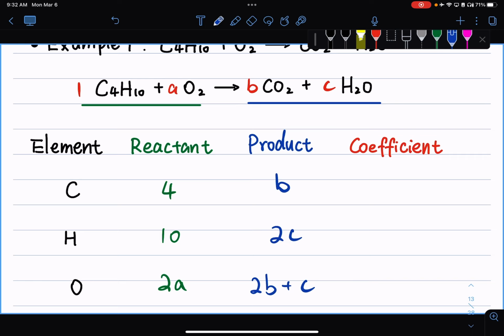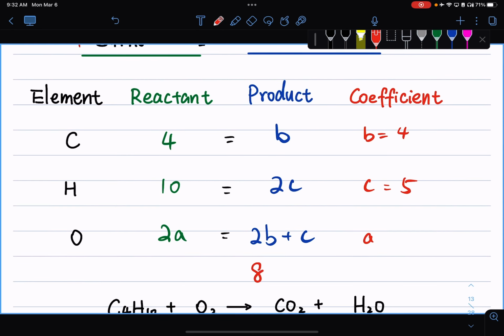And what we're doing is using these equations to solve for my coefficients. Because the atom numbers need to be balanced, we have these equations, and we can solve B equals 4, C equals 5, and A is a little bit more complicated. 2B, that's 8, plus 5 over 2, that's 13 over 2.